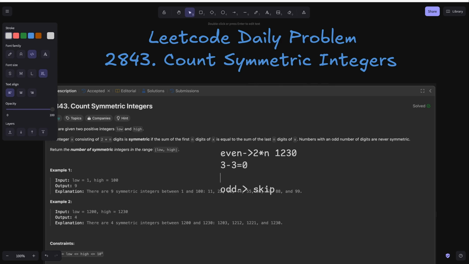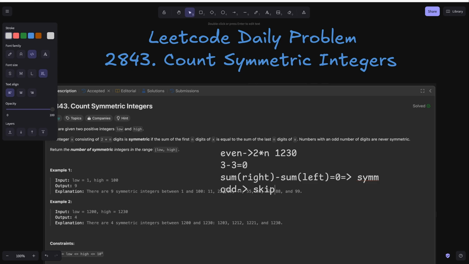So when both sums are equal, the sum of right minus the sum of left, or vice versa, gives 0. If this gives 0, then we have got our symmetric integer. So this condition defines our symmetricity.